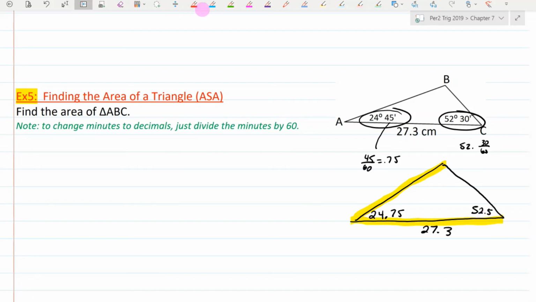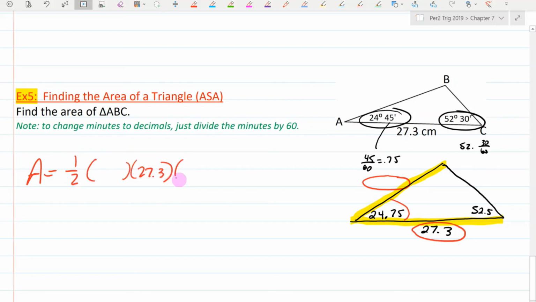So I need to know this side and this side and this angle. So in order to do my area formula, let me call this A, or actually I'm just going to put a blank there for now. It's going to be 1/2 the side I don't know times 27.3 times sine of 24.75. So I'm using this.